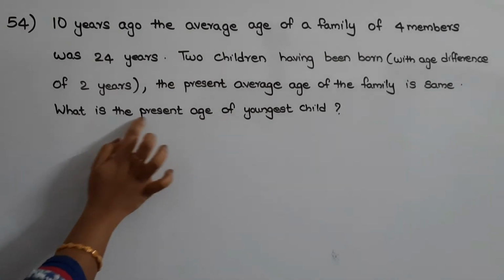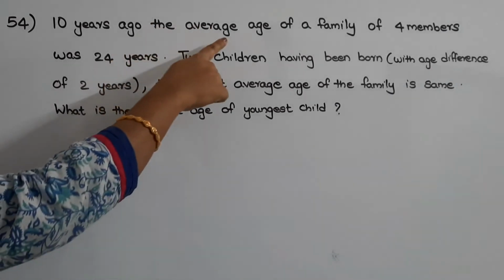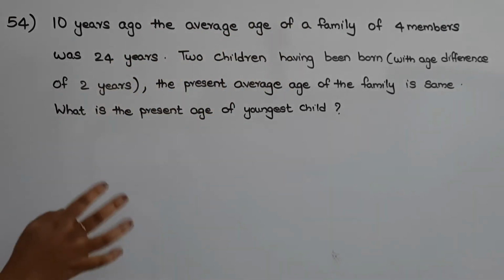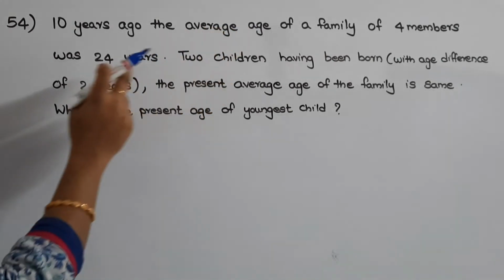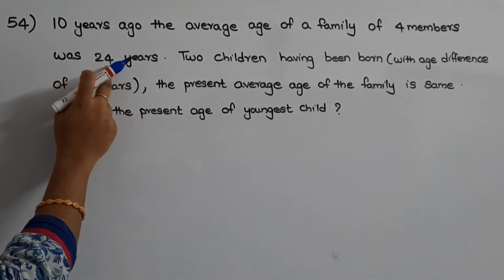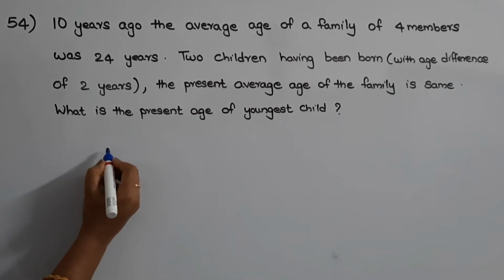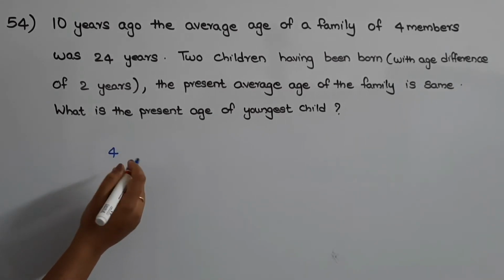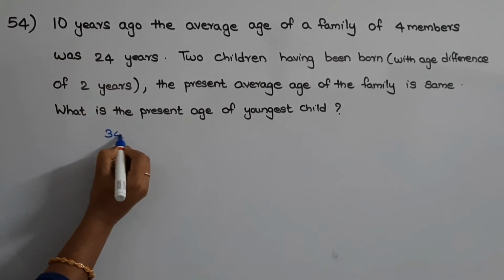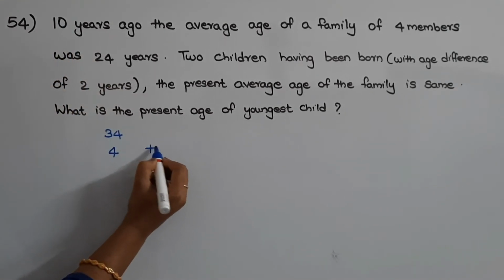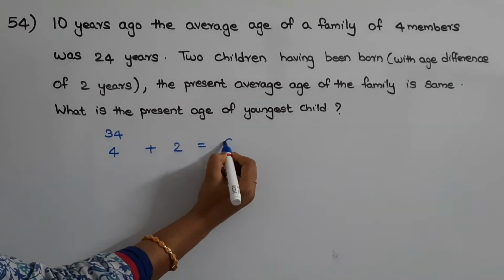Since we need to find out the present age of the youngest child, we need to know the present average age of the family of 4 members. If the average age of the family 10 years ago was 24, what will be the present average age? Present average age of the 4 members will be equal to 24 plus 10, that is 34. Plus 2 children are born, then the total number of members now will be 6.